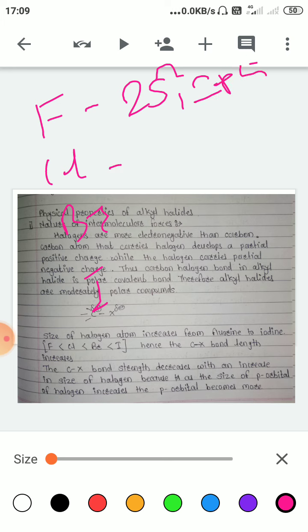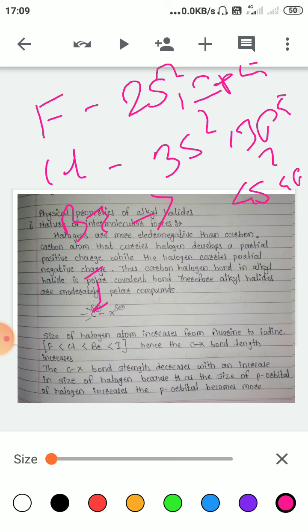For chlorine it is 3s2 3p5, for bromine 4s2 4p5, and for iodine 5s2 5p5. That means the last electron enters the 5p orbital of iodine, while for fluorine it is in the 2p orbital.